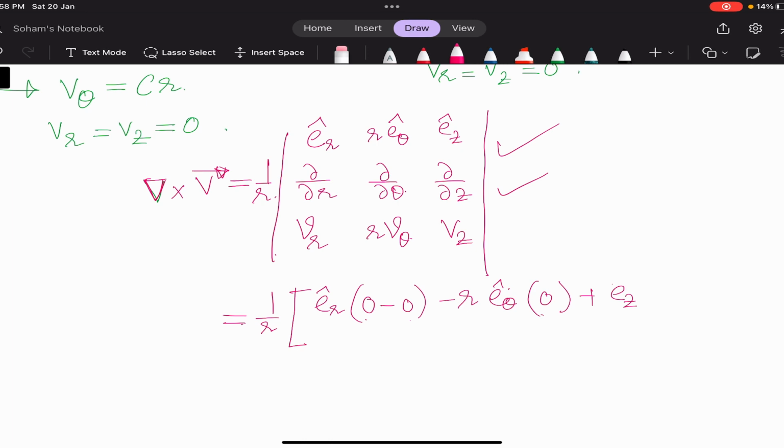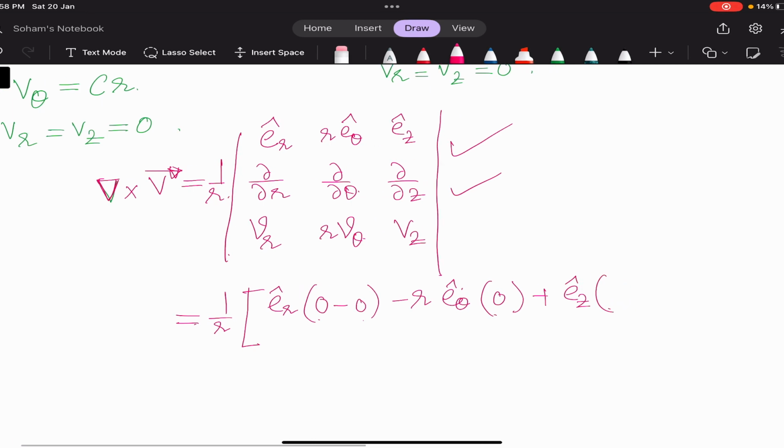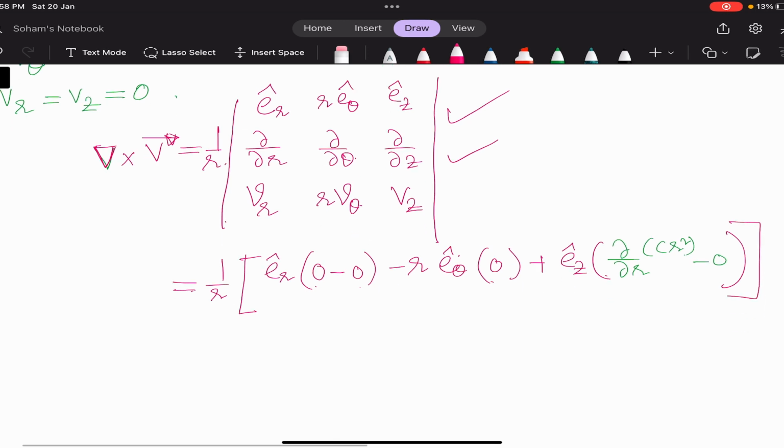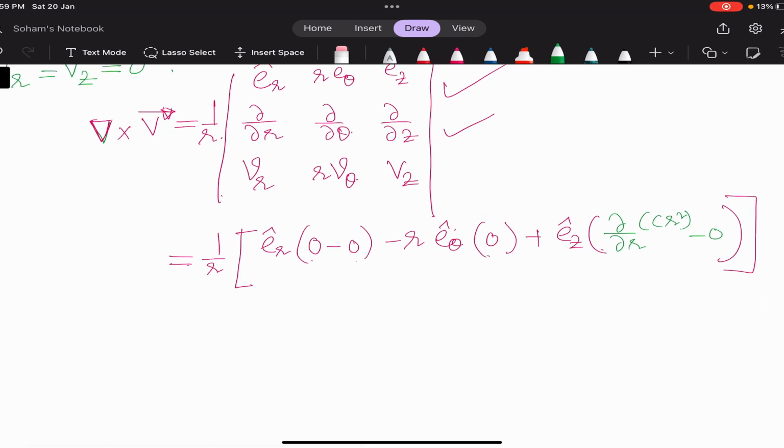Plus e_z into del del r of r into v_theta, that will be c r square, minus del del theta of v_r, where v_r is equal to 0. So this will be directly 2cr by r, equal to 2c.